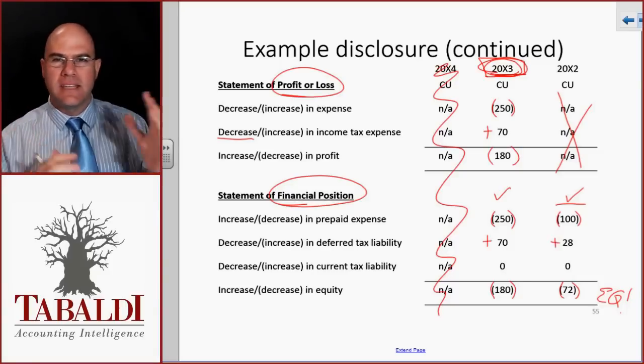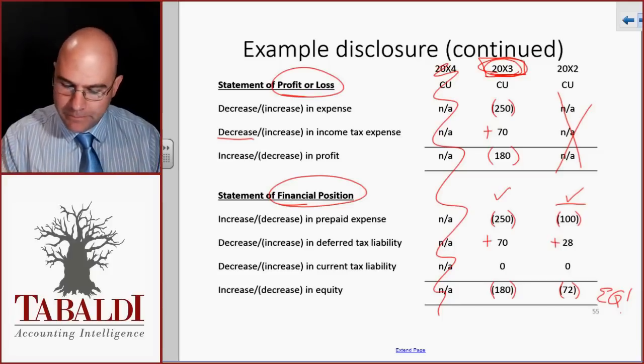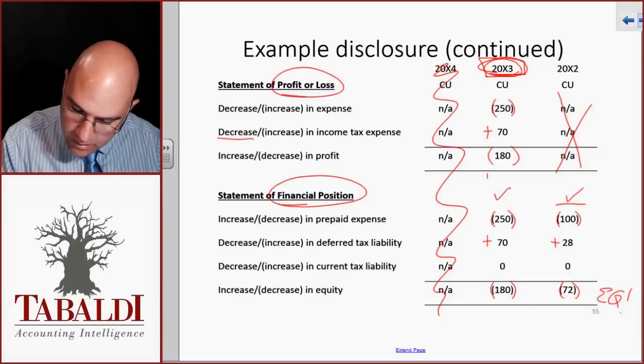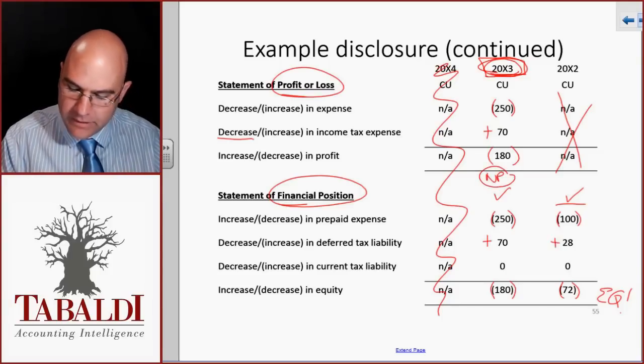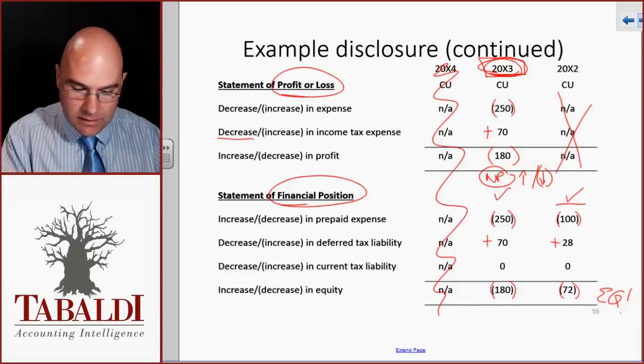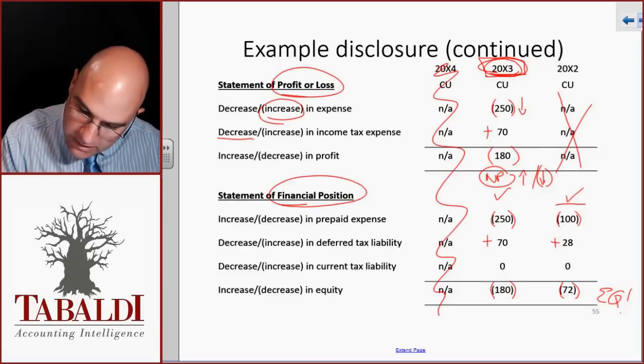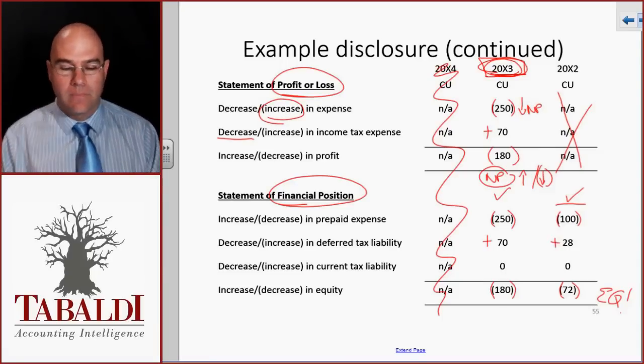Now this increase/decrease seems a bit confusing, right? I need you to go and work this through. Remember, over here on the top, I'm dealing with net profit. I either have an increase or a decrease in net profit. Expenses that increase will decrease net profit.